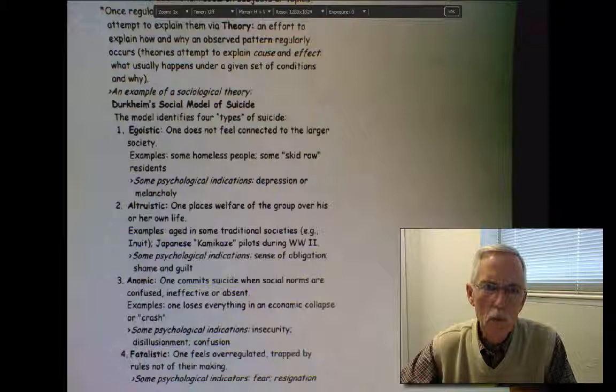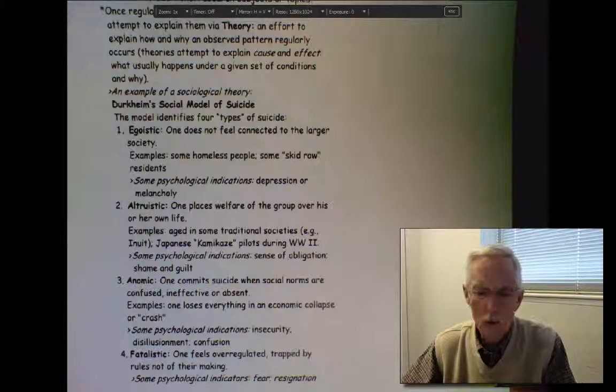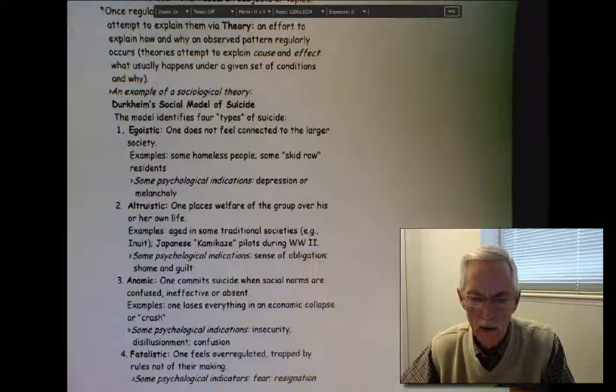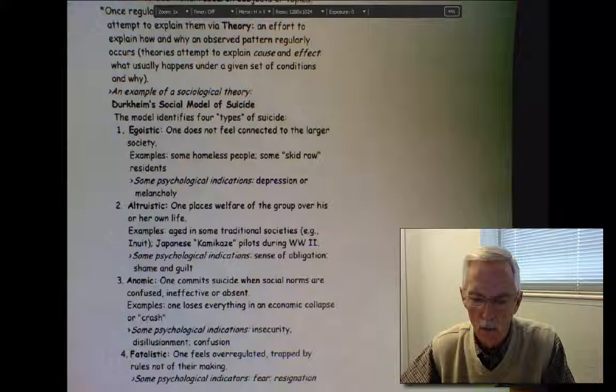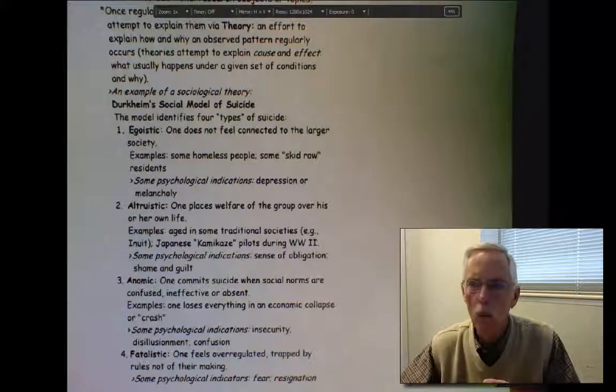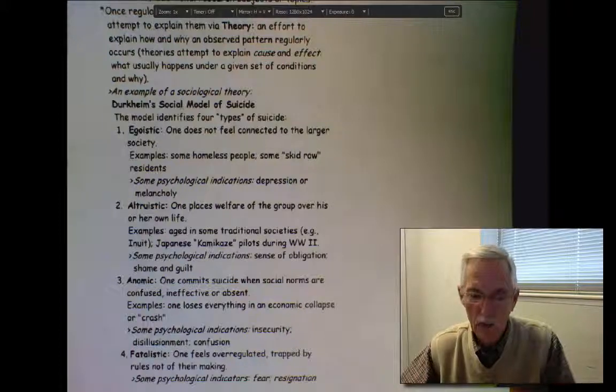Some examples that perhaps some of you are familiar with in history might include stockbrokers and others who lost everything in the great stock market crash in the late 20s, rushed to the top of skyscrapers and threw themselves off because they simply couldn't cope with a life of not having anything.